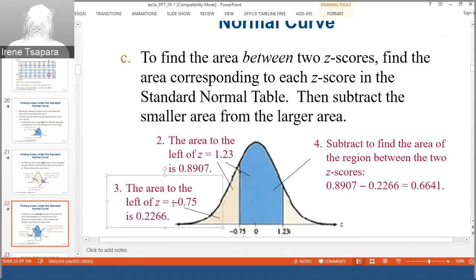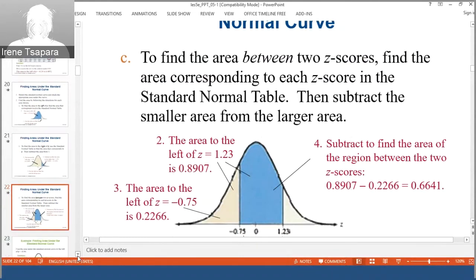I calculate the same for negative 0.75. So this number right here will represent this blue area right here, and this pink area right here. And then I subtract from the blue area, from the 1.23 to the left, the pink area that is right here. And the result is 0.6641.